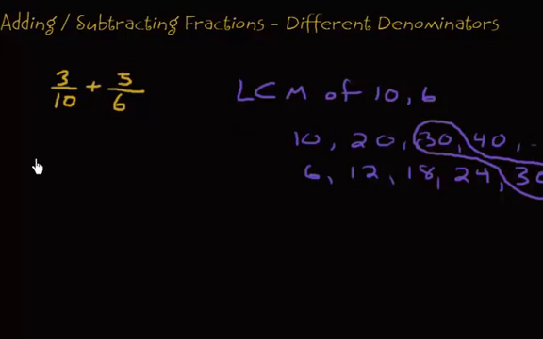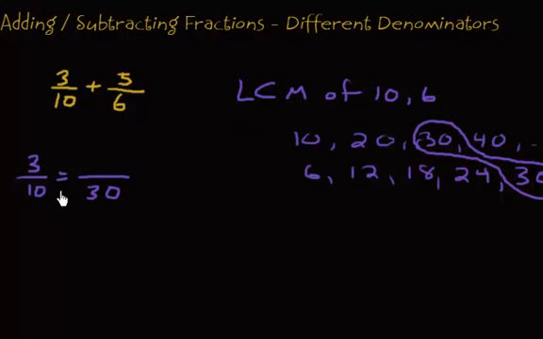So how am I going to do this? You come over here and write 3 over 10, equals, and then write a new fraction with the new denominator. Now I have to figure out what my numerator is going to be. What do you have to multiply 10 by to get 30?